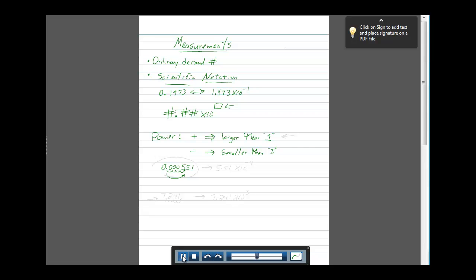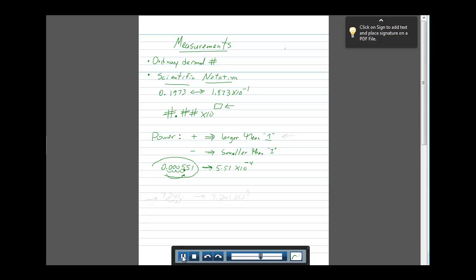And when you do that, you end up with 5.51 times 10 to the, now here we go with the power. How many times did we move it? 1, 2, 3, 4 times. Now this number is smaller than 1. So in this case we're going to have a negative exponent. Now if we had a positive exponent, that number would be larger than 1. And you have to evaluate this number and say, is this number larger than 1? And the answer is no.